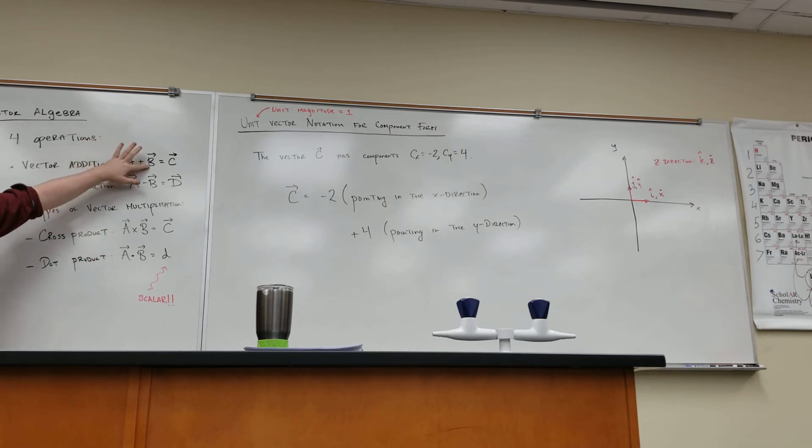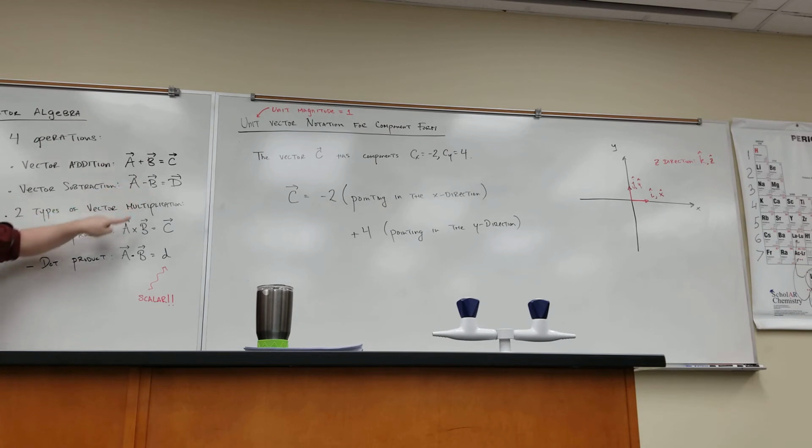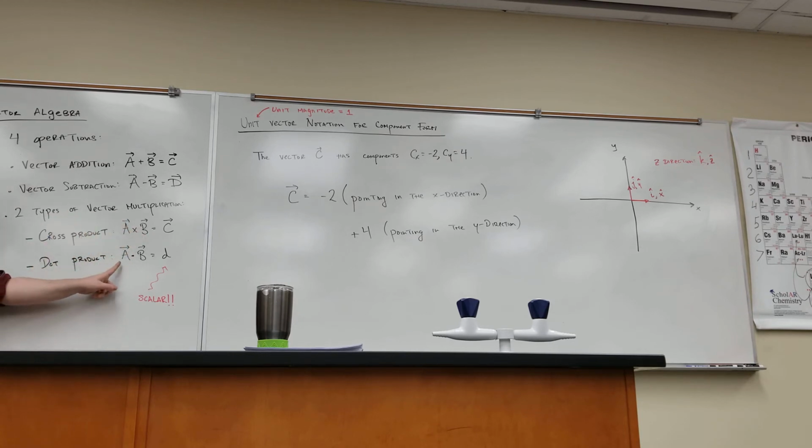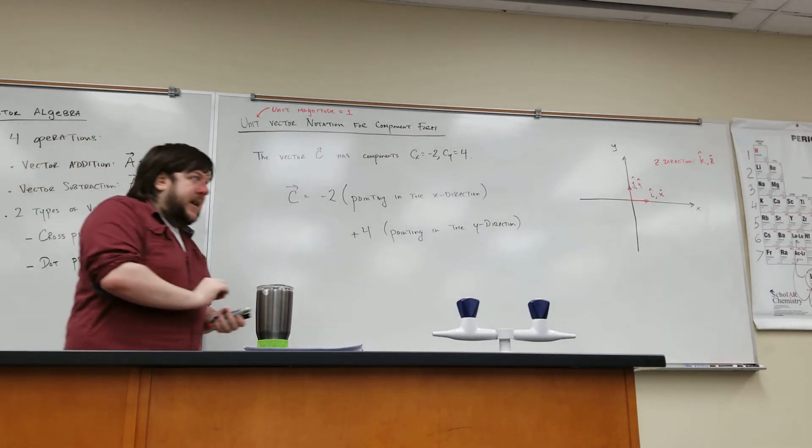Vector A plus vector B, vector minus vector, vector times vector, vector times vector. There is only one operation where you can mix vectors and scalars. You can't add a vector and a scalar. You can't subtract a vector and a scalar. You can't do a cross product of a vector and a scalar. You can't do a dot product of a vector and a scalar. There's one operation, and that operation we just call scaling. That's where scalars get their name.